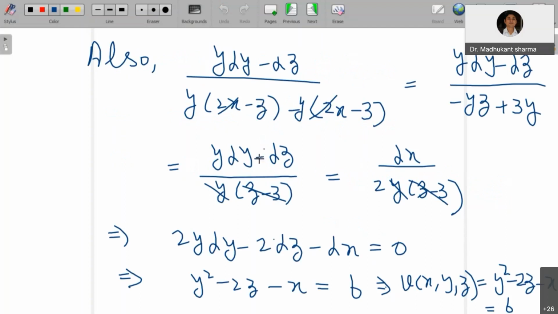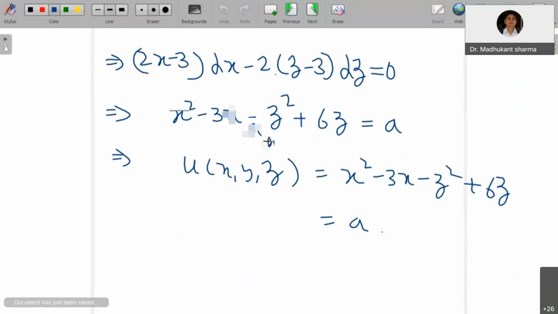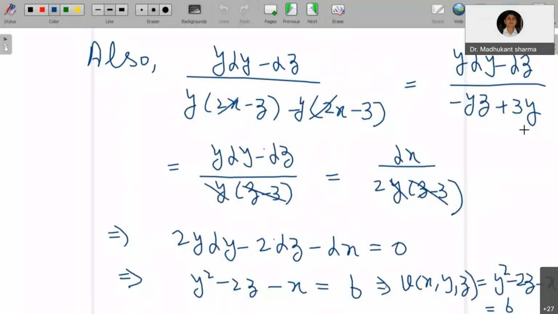Now another relation: y dy minus dz divided by y into 2x minus z.